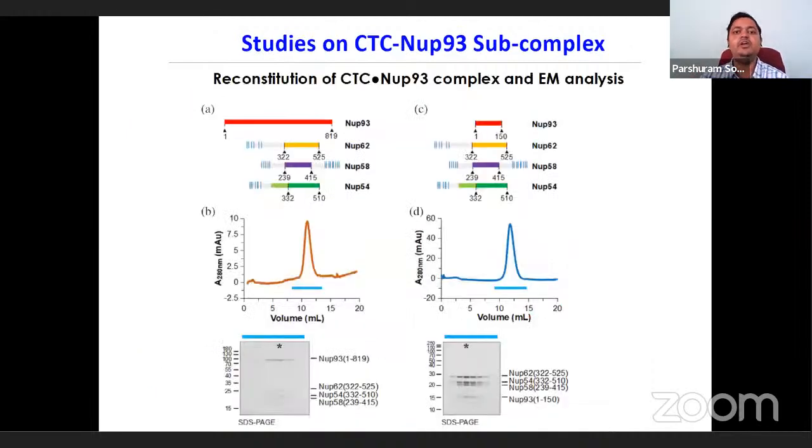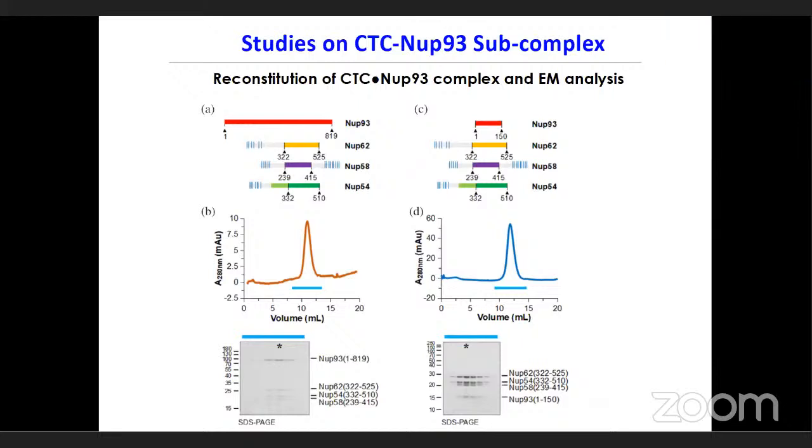And something I was having a problem with so far was that I was not able to purify Nuc93. So next, we took this 1 to 150 region and co-expressed all 4 proteins, Nuc62, Nuc58, Nuc54 and Nuc93, in E. coli cells, and we could purify using His-tag first, followed by GST, and then followed by size exclusion chromatography.